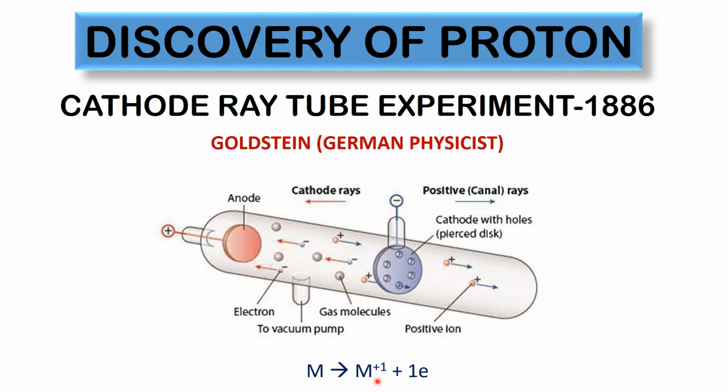So what happens during this experiment is that these negative rays emitting from the cathode, when they strike the neutral gas molecules, eject an electron out of the atom of these gases. When you eject an electron out of the gas molecule, the atom now has imbalanced positive and negative charges.